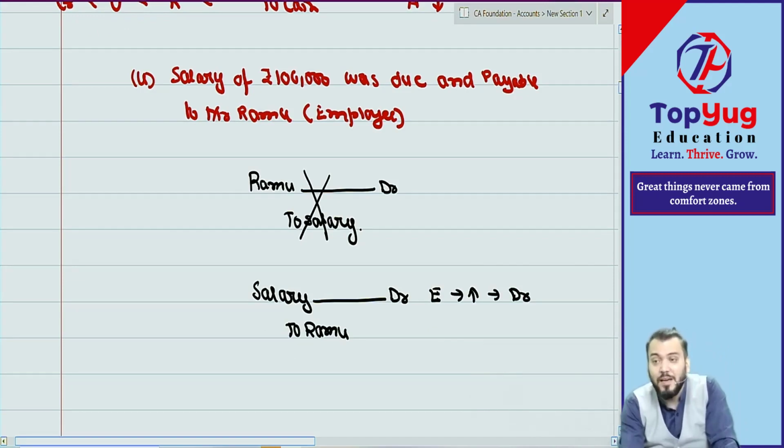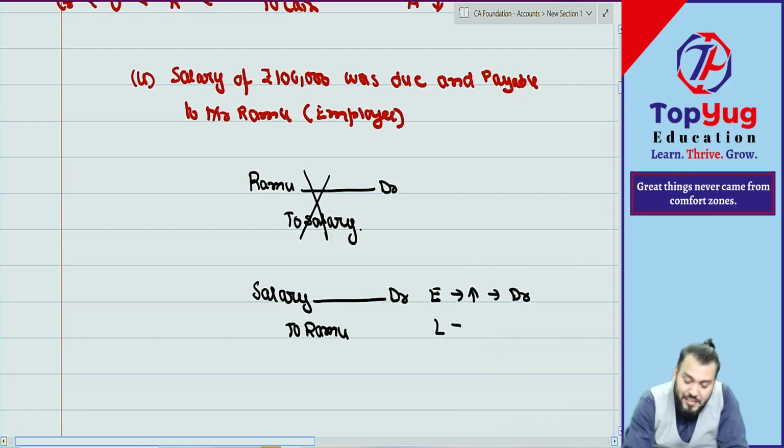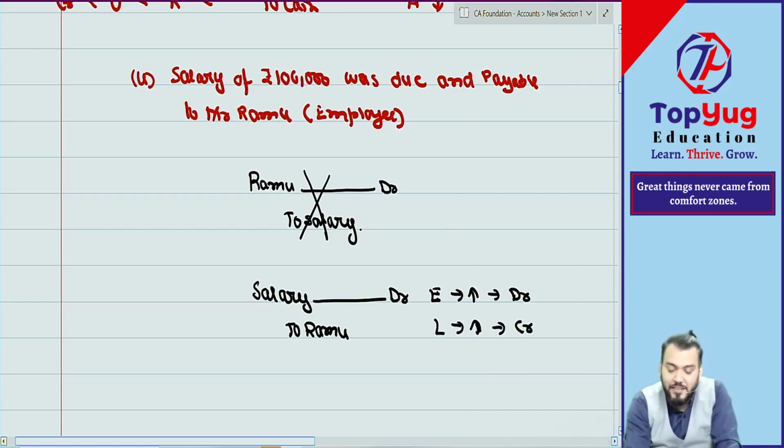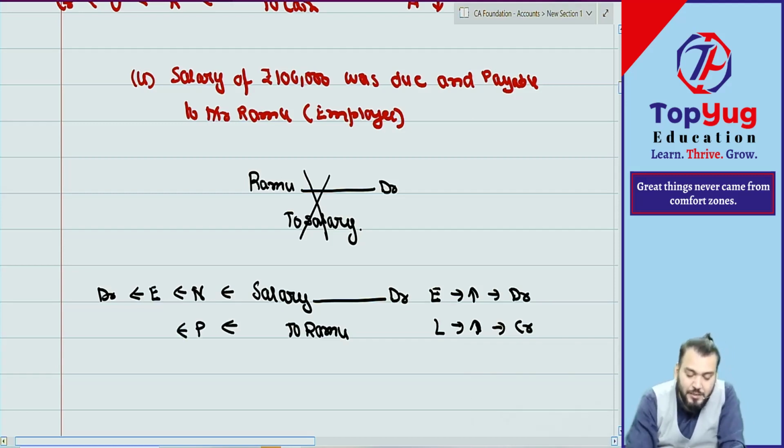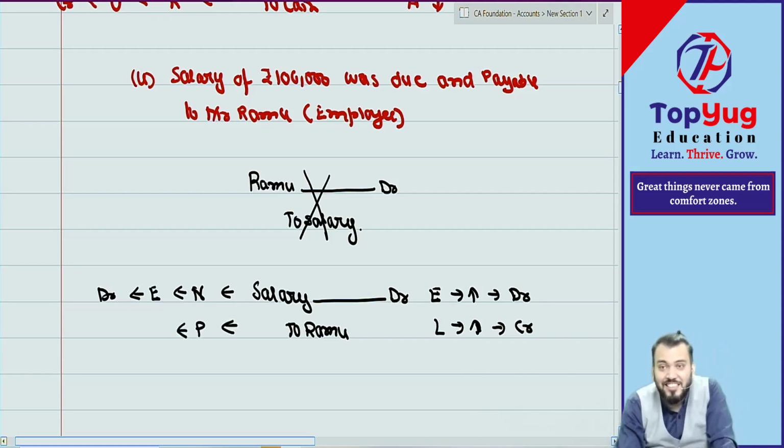It is due and payable. Any amount payable is what? Liability. Liability is increasing or decreasing? Increase in liability will be credited. Apply which rules now? Traditional rules. Salary is a nominal account. All expenses will be debited. Correct. Ramu is which account? Personal account. Debit the receiver, credit the giver.